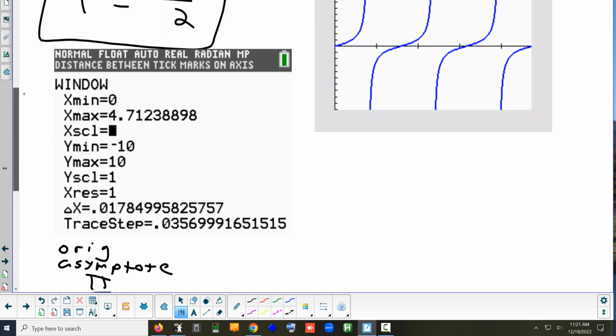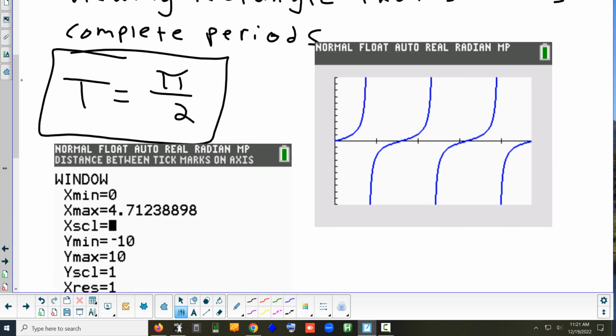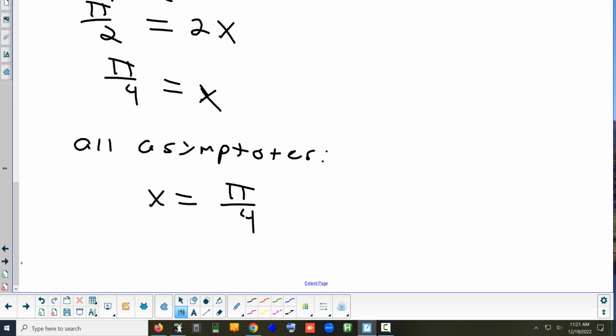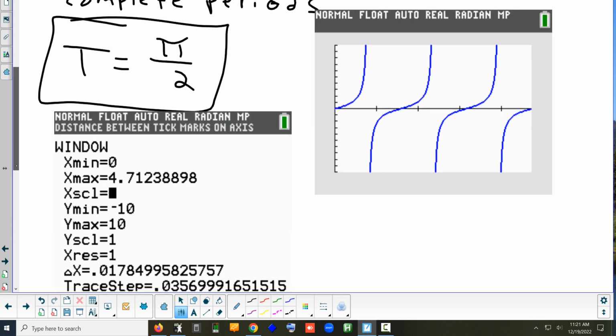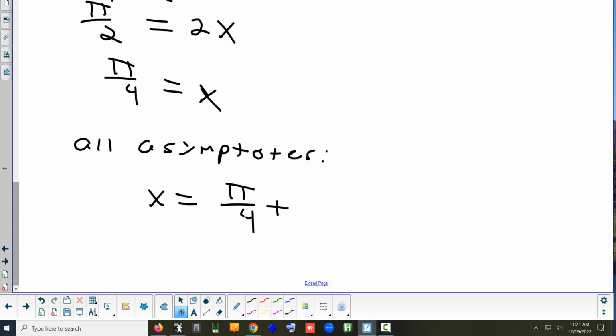What was the length of the cycle here? Pi divided by 2. So we can write down that our asymptotes are now going to start at pi over 4, and they're going to repeat forever, left and right from that point, every pi over 2 units. So that's how we would write it.